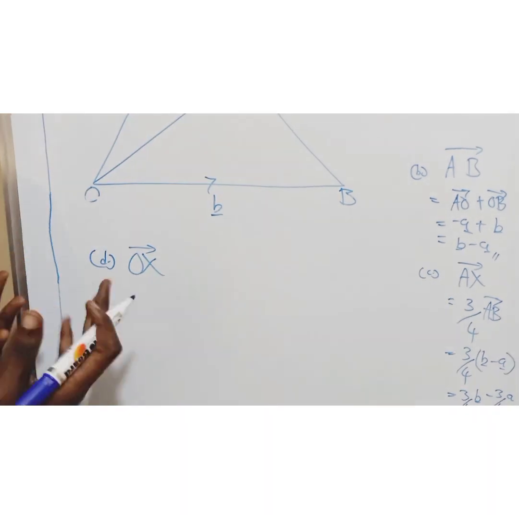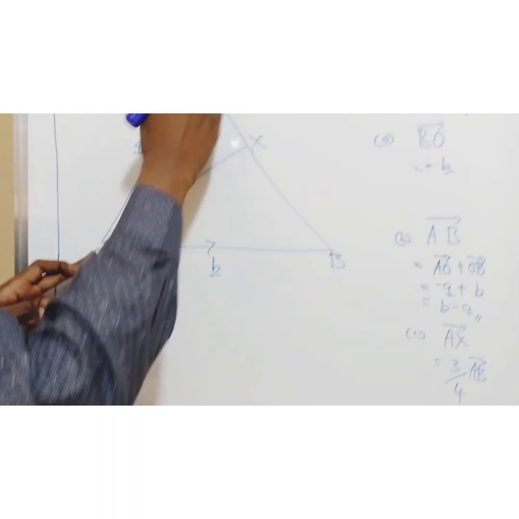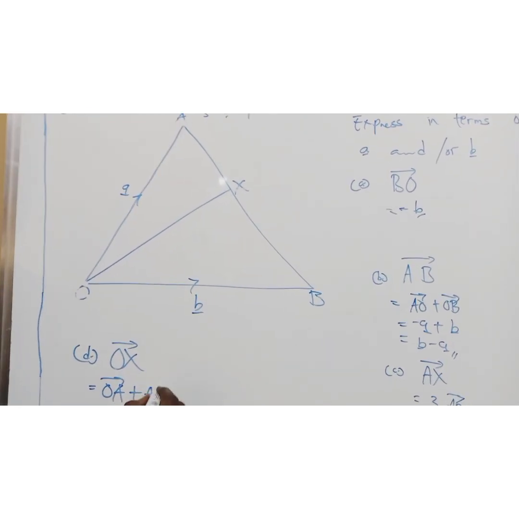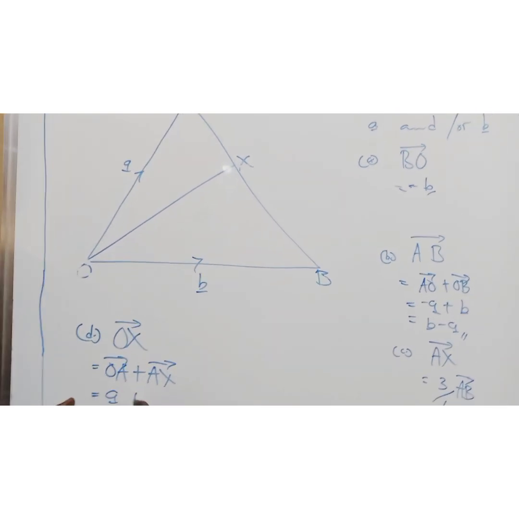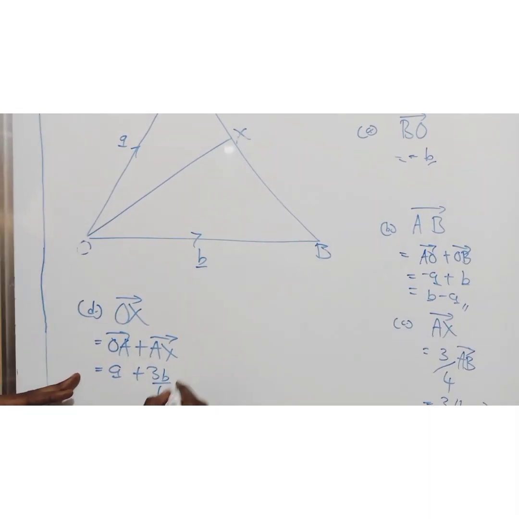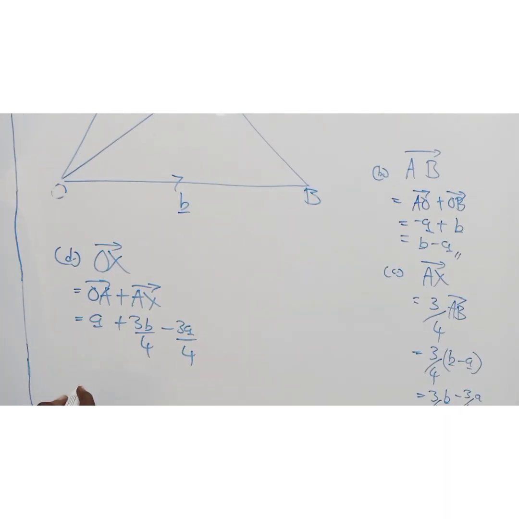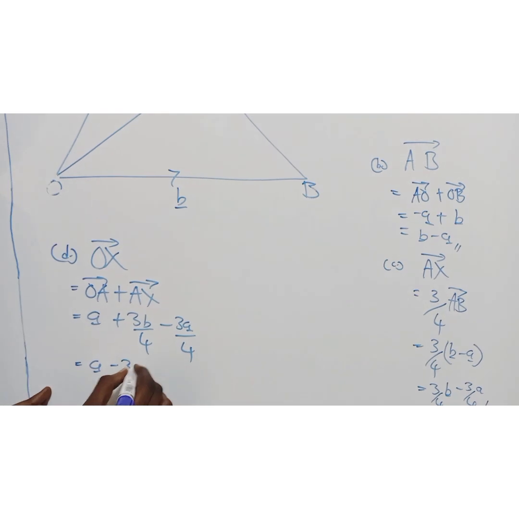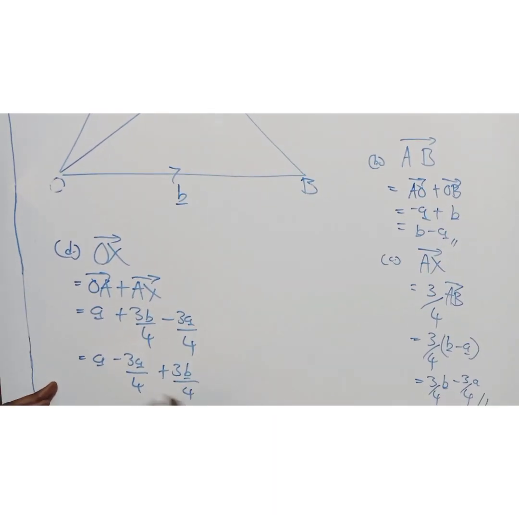Final question here, OX. You know, always the final one is a bit tricky. OX. OX is OA plus AX. What we're just from finding. So what is OA is A, plus AX is 3B over 4 minus 3A over 4. What do we do here? Group the like terms. A minus 3A over 4, plus 3B over 4.